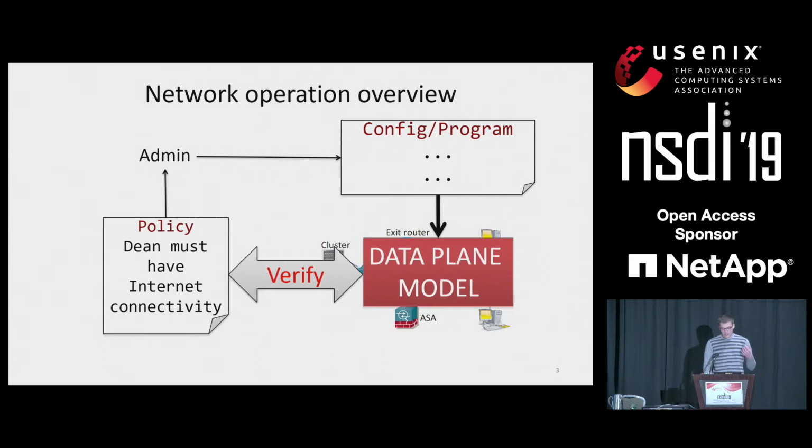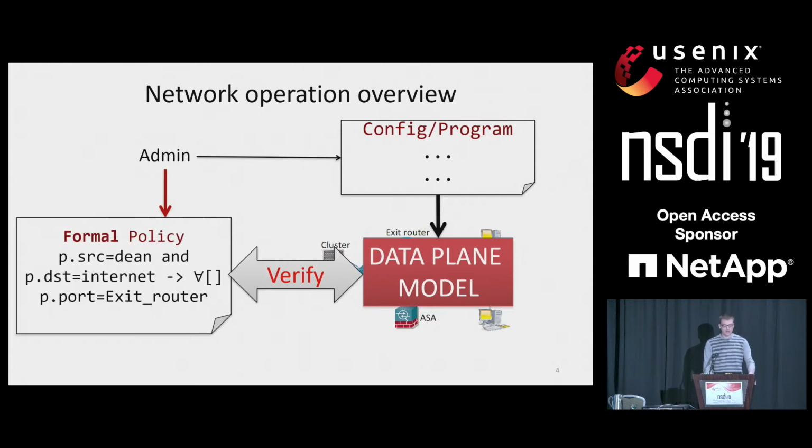So network verification tools require some sort of a formal policy which expresses exactly what the natural language one used to express. If the network verification tool actually manages to show that this formal policy holds within the boundaries of the dataplane model, then you can get very strong guarantees in terms of network correctness.